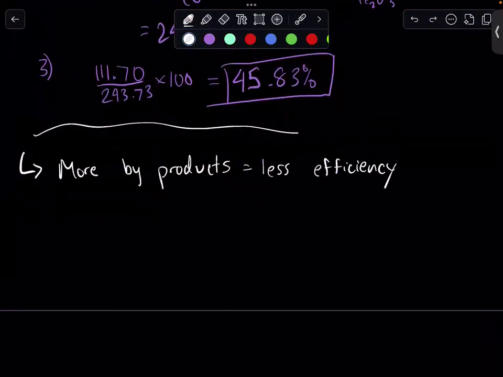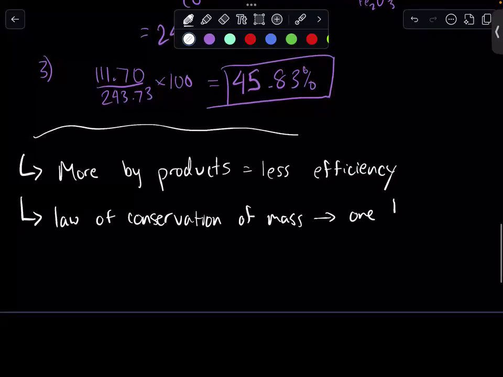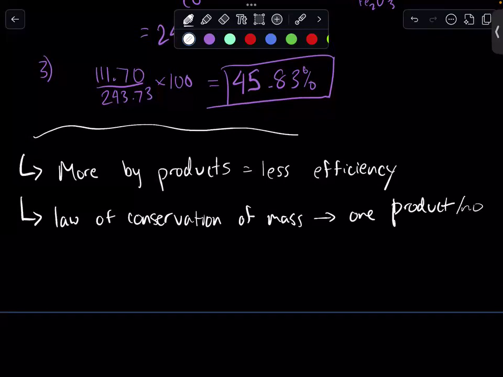But we can take this even further. If we use the law of conservation of mass, we can find that if we only have one product being our desired product, or no byproducts, that would equate to 100% efficiency.